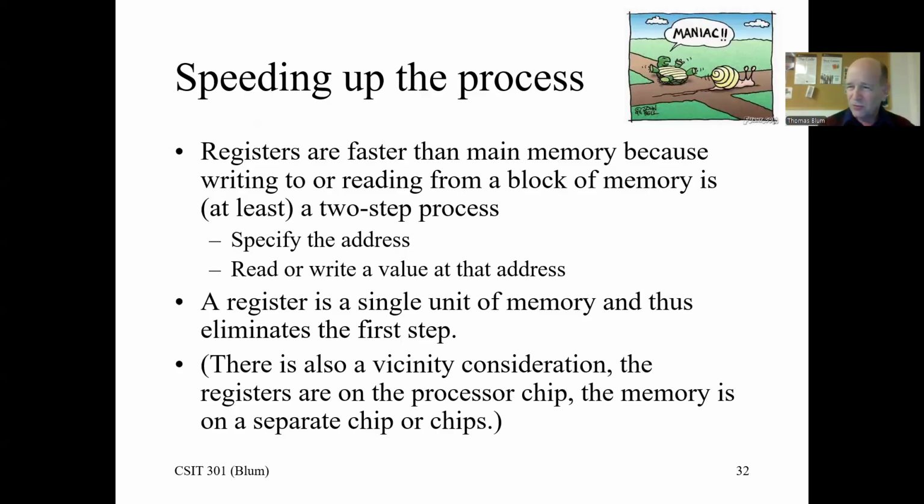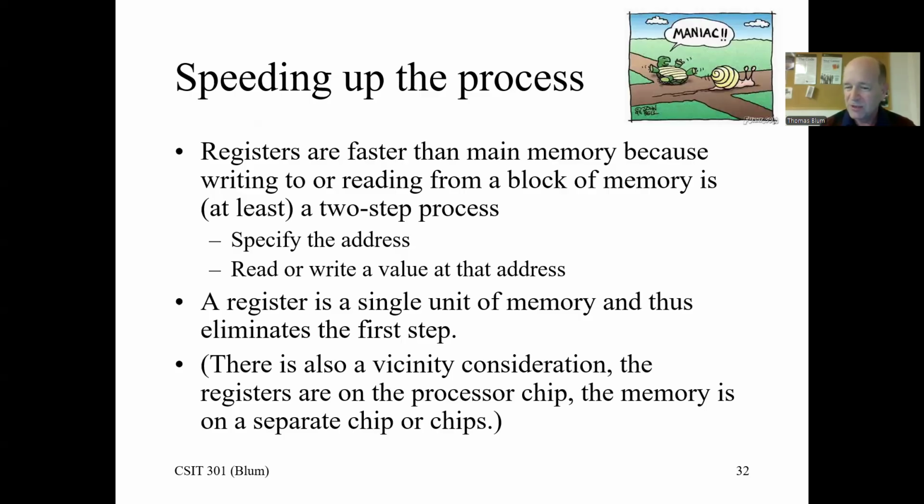But then the way things are really laid out in the computer is that if you're really talking about memory and not some cache, then memory is on a separate chip from the processor. So there's also a question with the speed of registers of their vicinity.